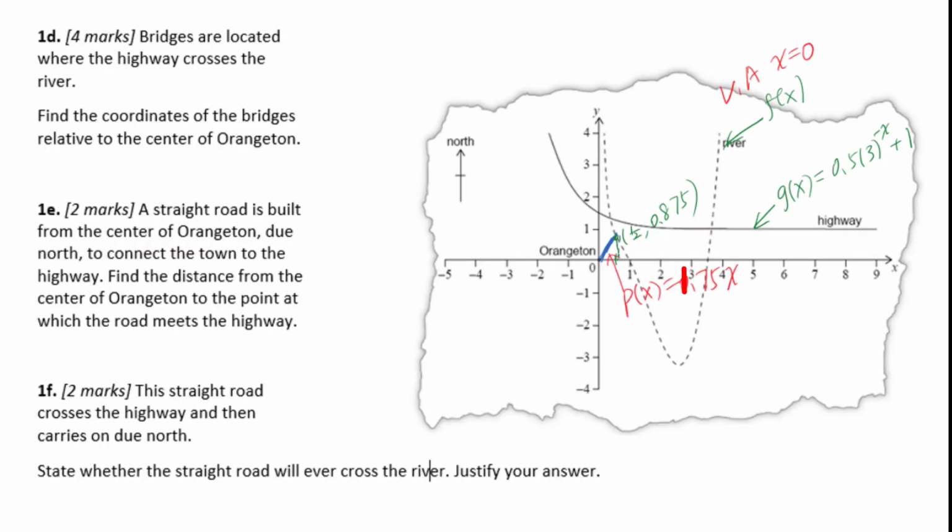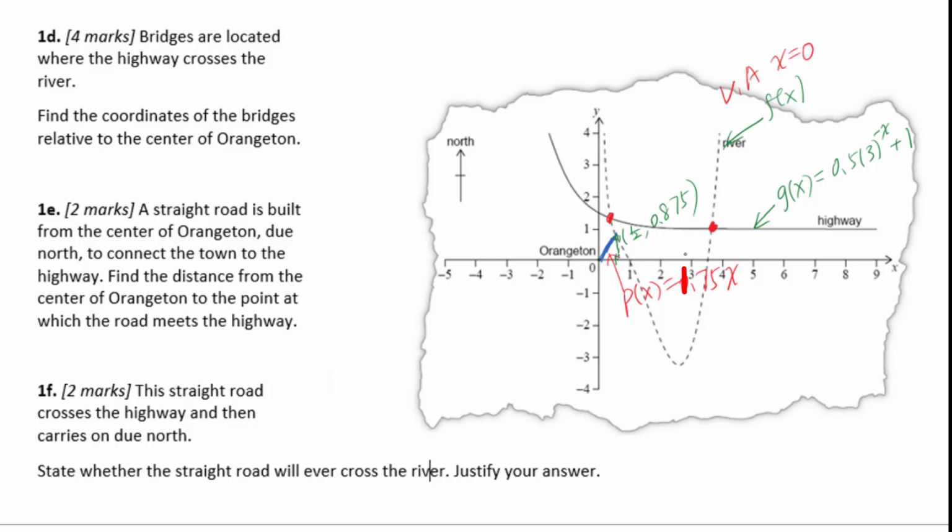Let's go to 1d. Bridges are located where the highway crosses the river. Find the coordinates of the bridges relative to the center of Orrington. Where are the bridges located? It's over here and over here.